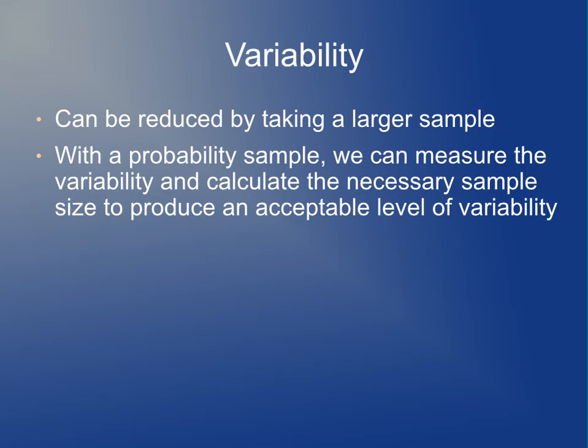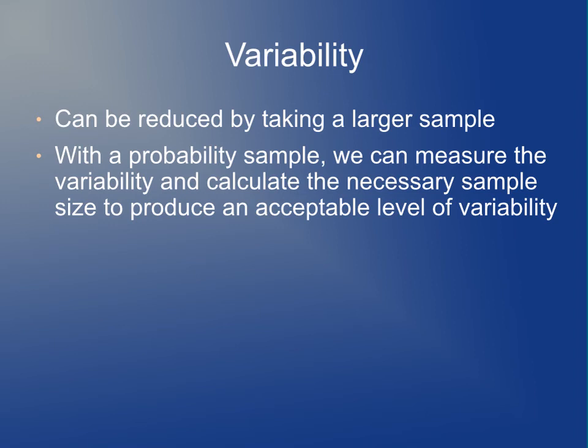In any sample, there's going to be a certain amount of variability. If you do a presidential election survey, you could get extraordinarily unlucky and interview 300 people who all intended to vote for Mitt Romney, even though the truth is that Barack Obama was going to win the election. That's extraordinarily unlikely, but it could theoretically happen.